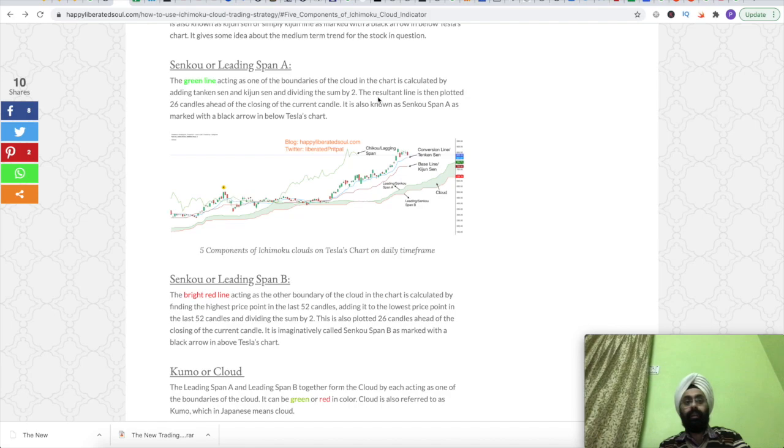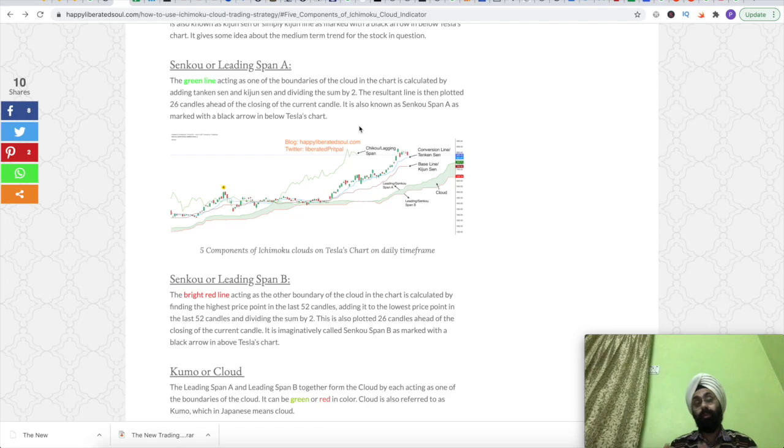The resultant line is plotted 26 days ahead of the closing of the current candle. It is known as Senkou span, or leading span A, one of the boundaries of the cloud, and it is plotted 26 days ahead of the current candle.